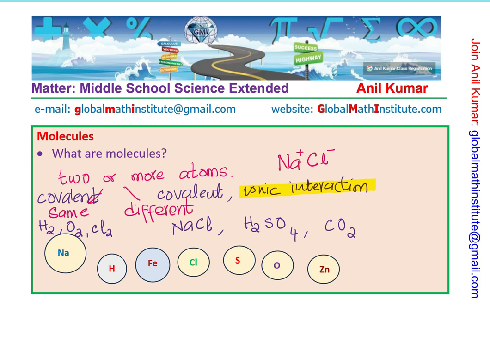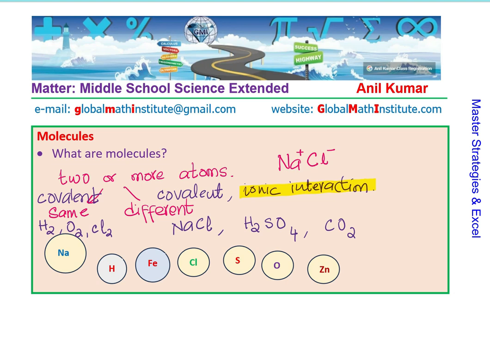So both came to their stable stage by one giving away and the other taking one extra. Once an electron is gained, you get negative charge, and when you lose an electron, you get a positive charge. So that is ionic interaction.